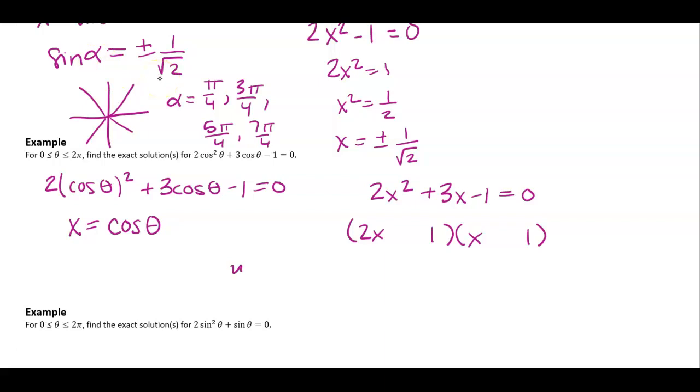My pen's not wanting to work. There we go. There isn't any combination. So back to the drawing board. I'm going to need to use quadratic formula. So that would be x equals negative b plus or minus the square root of b squared minus 4ac, all over 2a.